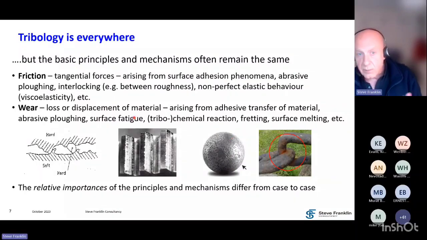And wear, the loss or displacement of a material, can arise from a number of different mechanisms or phenomena, like adhesive transfer of material from one surface to another, abrasive ploughing, surface fatigue, or some sort of tribochemical reactions. A number of different mechanisms can go on there.